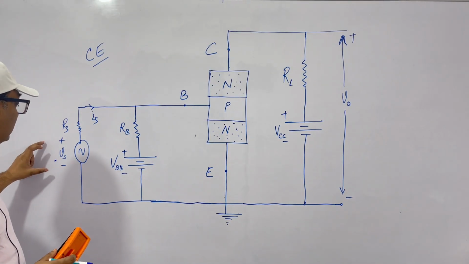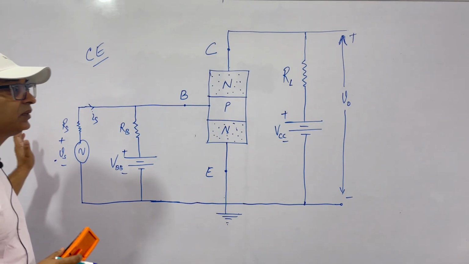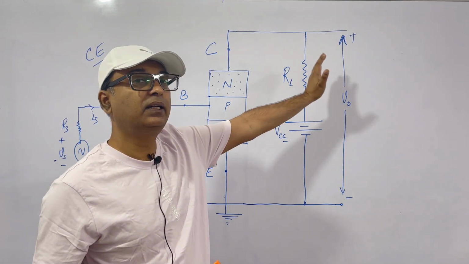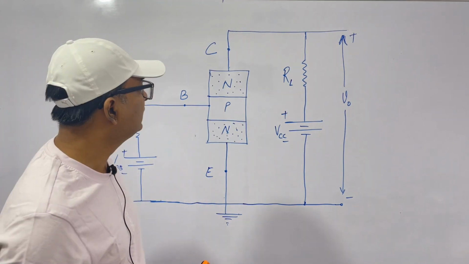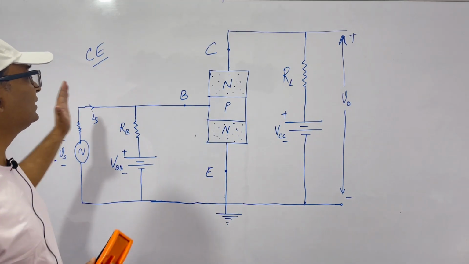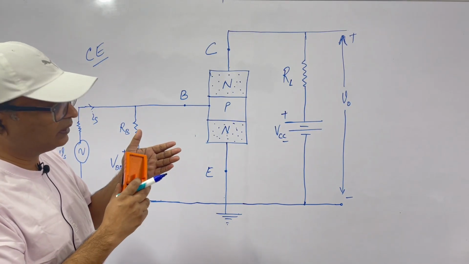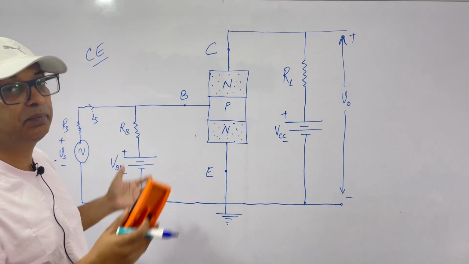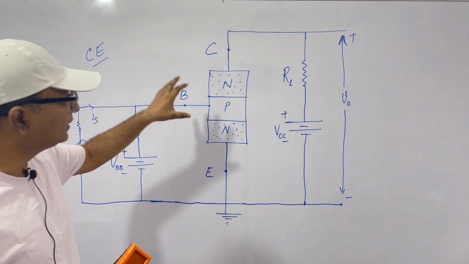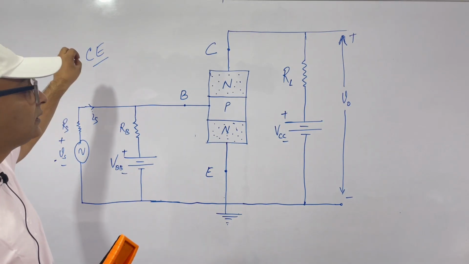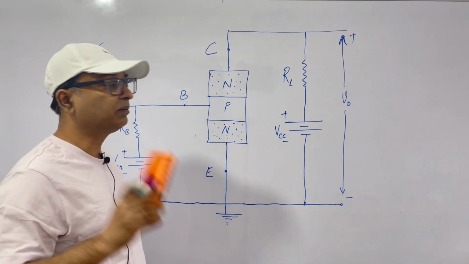Or if the source voltage is VS, we want an amplified voltage at the output. So there is amplification of current, amplification of voltage, and amplification of current into amplification of voltage is power amplification. So transistors are used in CE configurations mainly for amplification.